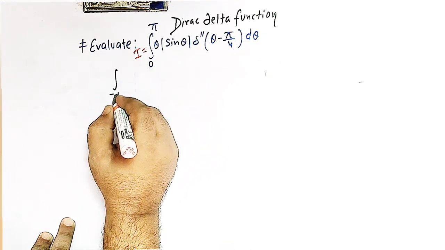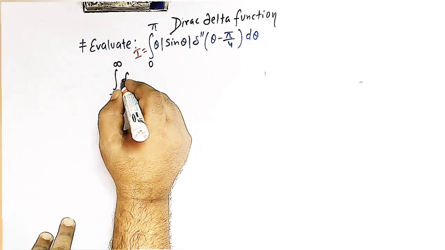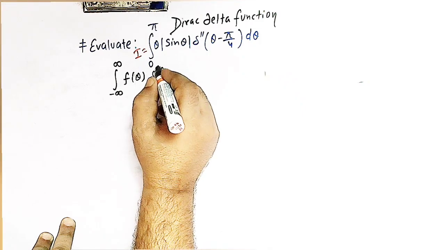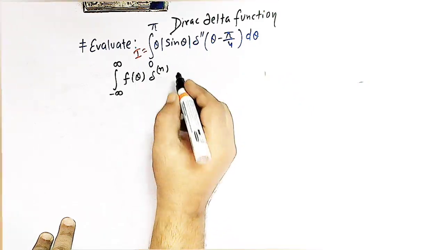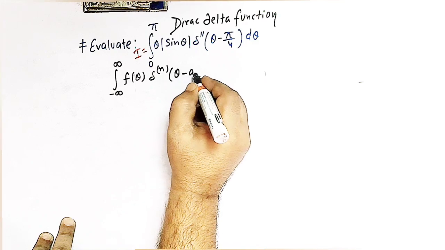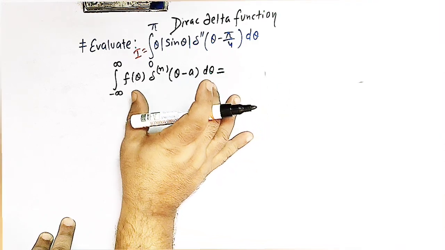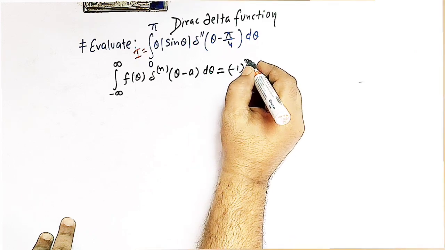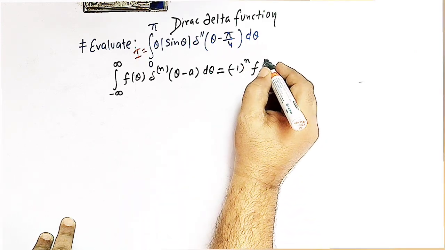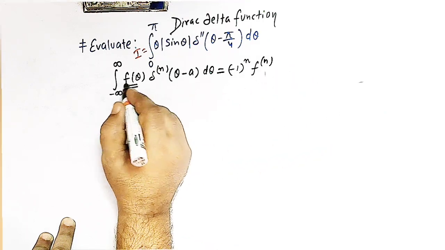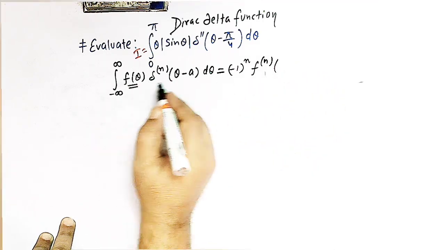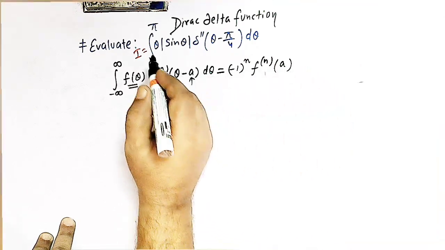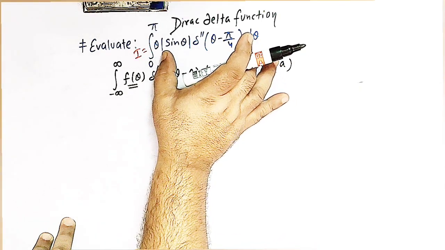That is, the integral from minus infinity to infinity, if we have a function say f of theta, and here we have the nth derivative of the delta function of theta minus a, d theta, then the value of this integral is given by minus 1 raised to n, and the nth derivative of this function f of theta evaluated at this point, that is a, right? So here we have this integral, right?